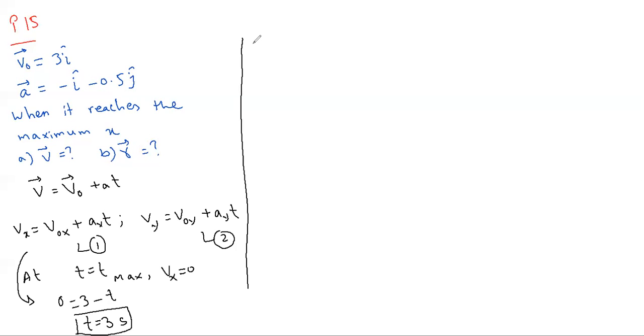Once we have calculated t, we can calculate the other components as well. Now by putting this in equation number 2, vy will be minus 0.5 times 3, because in this equation vx is 3 while vy is just 0.